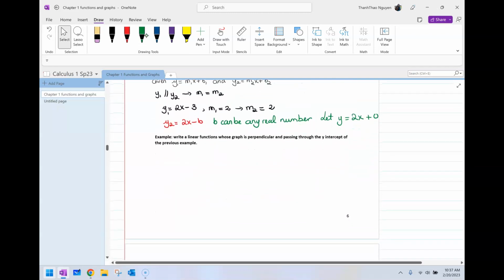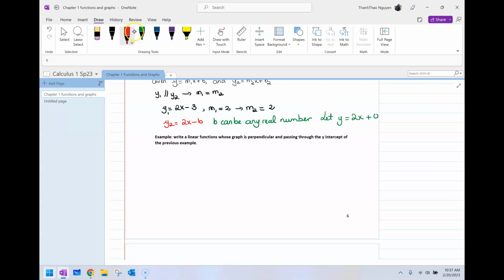Now write a linear function whose graph is perpendicular and passes through the y-intercept of the previous example. If y1 is perpendicular with y2, this means that m2 = -1/m1. So y1 = 2x - 3, m1 = 2.